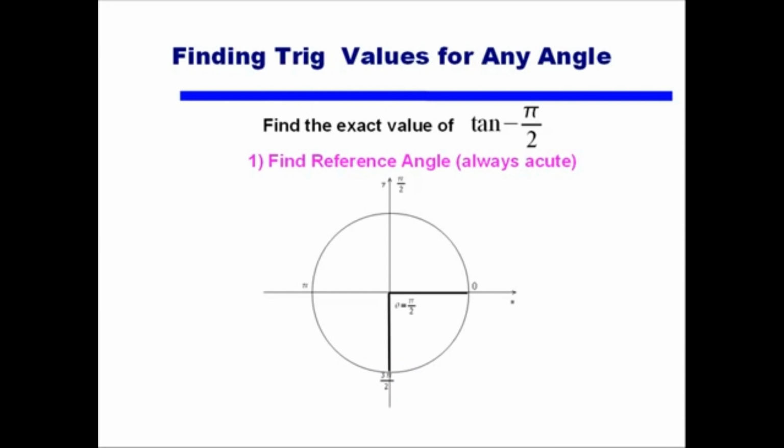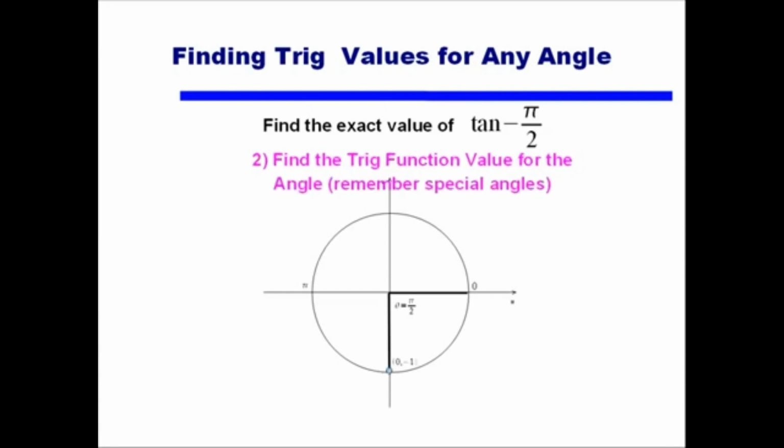And in fact, 90 degrees wasn't one of those angles that we memorized. Instead, we have to go back to remembering our unit circle. If the point formed by the terminal side where it crosses this unit circle is equal to 0, negative 1, and if we remember that tangent is equal to the y value divided by the x value, well, in this case, y is equal to negative 1 and x is equal to 0.